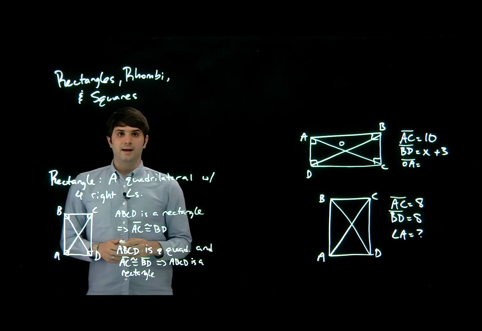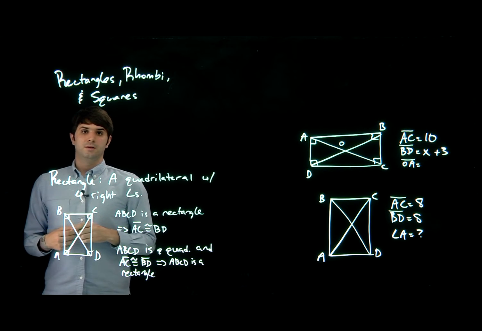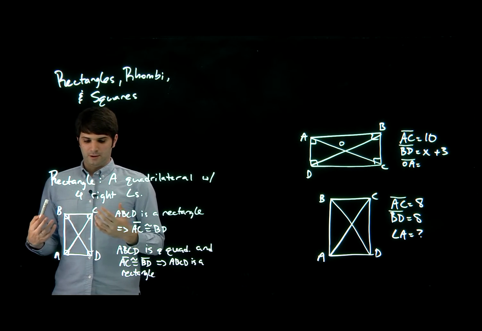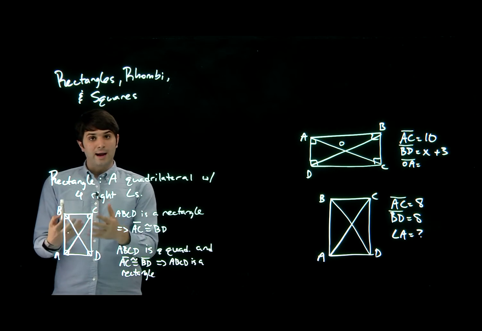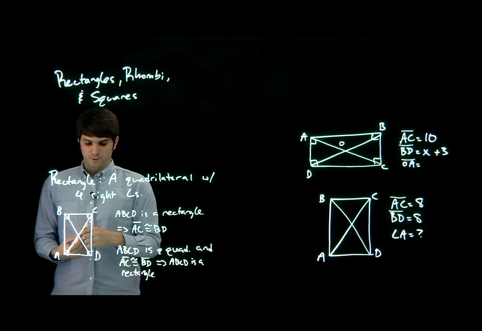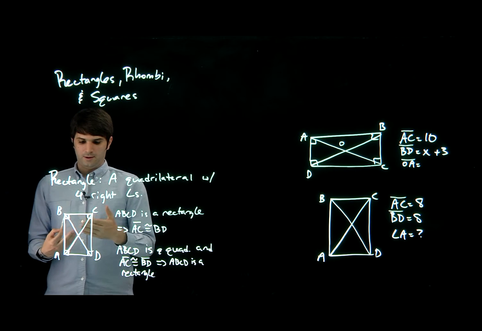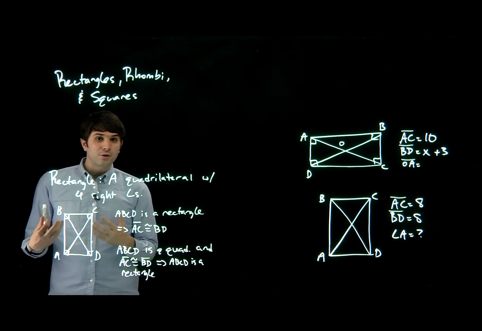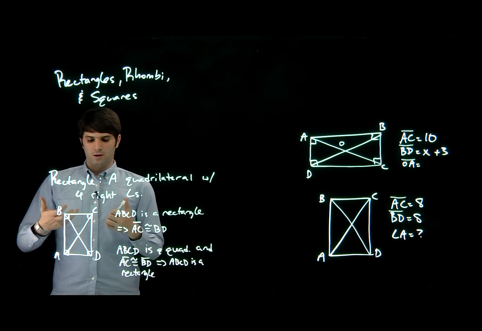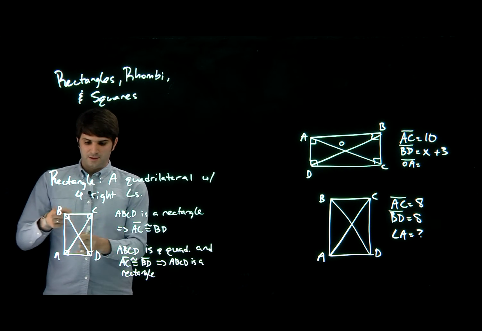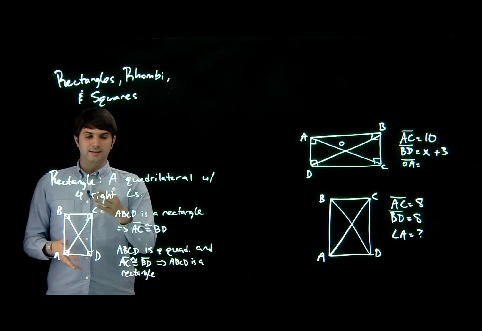I also want to note that all rectangles are parallelograms. And why is that? Again, this gets back to the congruent triangles. If the triangles are congruent, then the alternate interior angles of the triangles are congruent, and so that makes BC and AD parallel, and that makes AB and DC parallel.